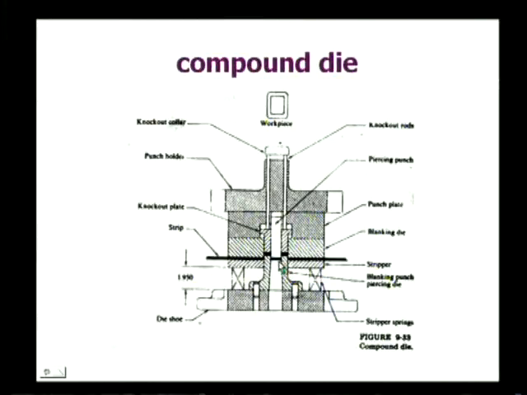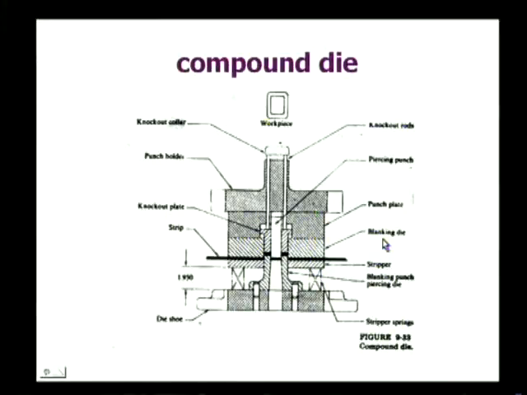Both the operations, punching as well as blanking, will be completed. You can see that this acts as a blanking punch, and this punch acts as a piercing punch. So this punch, as it moves downwards, punches a hole, and this punch also causes blanking.